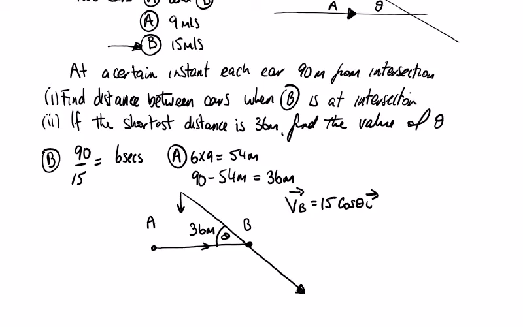So that's positive, negative. So probably should have done that beforehand. So it's going in a positive, negative direction. So we're going to have minus 15 sine theta times J, and the velocity of A, well, A is going in a positive I direction and it's traveling at 9 meters a second, so 9I.